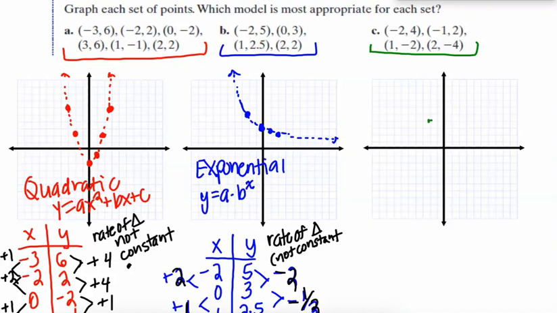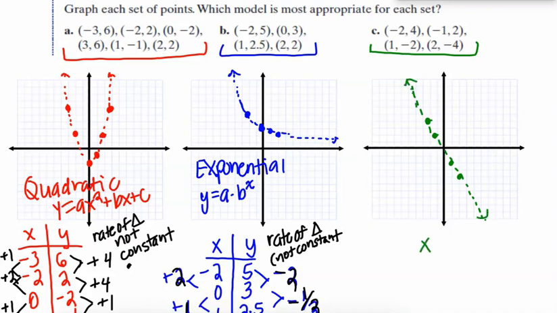Maybe this next one will be linear, and we'll see what a linear one really is supposed to look like. Negative 2, 4, negative 1, 2, 1, negative 2, and 2, negative 4. Oh yeah. This one right here, definitely. This right here, I think, is linear. So this definitely looks like we've got a constant rate of change.